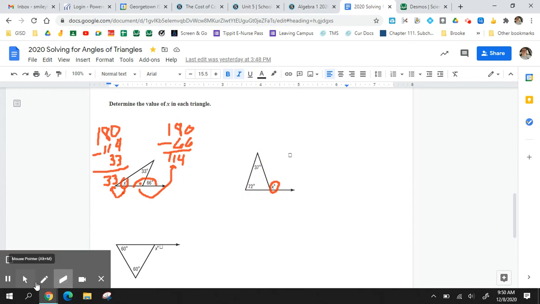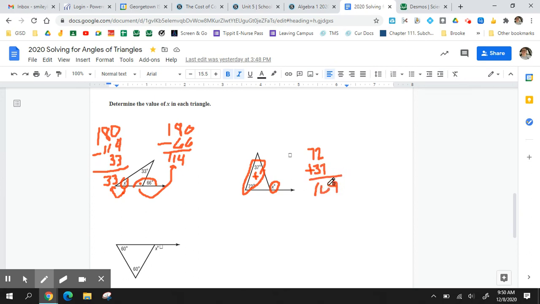The cool thing, like I was saying, is you just need to add 72 plus 37 together, and that will give you that x, that exterior angle. So you get 109. That is what the x is. All right, so could I double check my work?